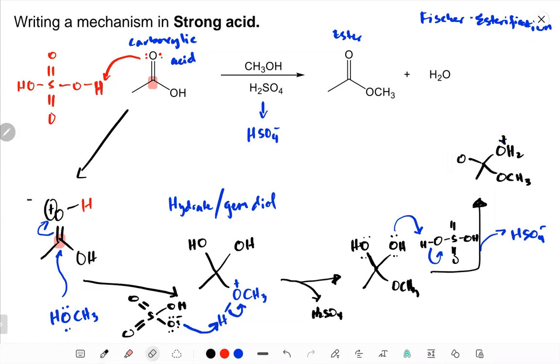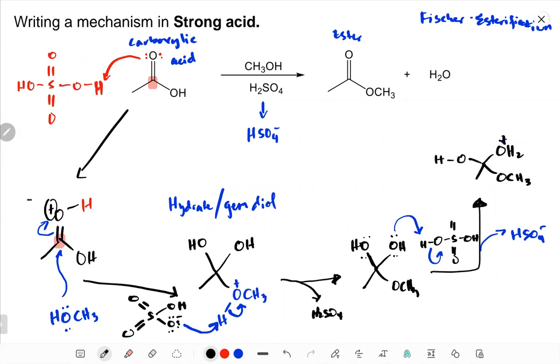Okay, here. And what's going to happen next is that this hydronium, oxonium ion here will become a leaving group, okay? Because basically OH is a strong base and leaving group ability is inversely proportional to base strength. When you have a strong base, you end up getting a poor leaving group.